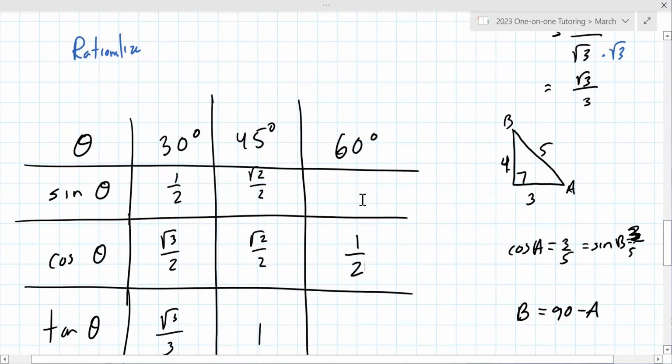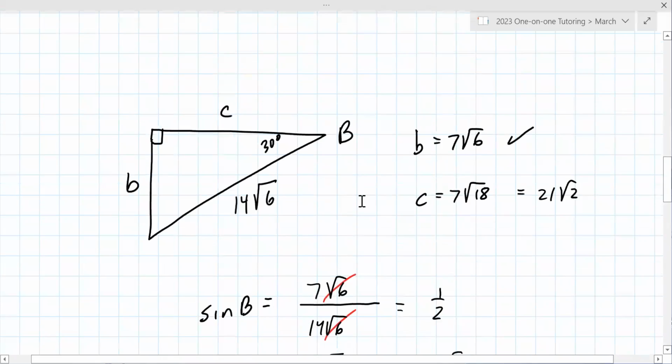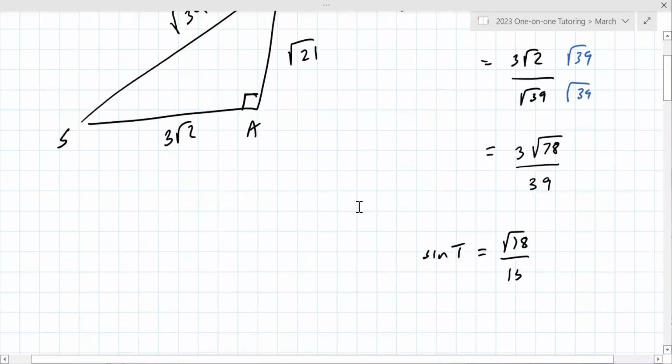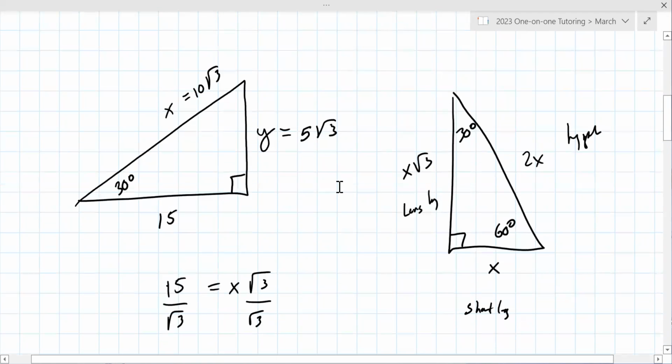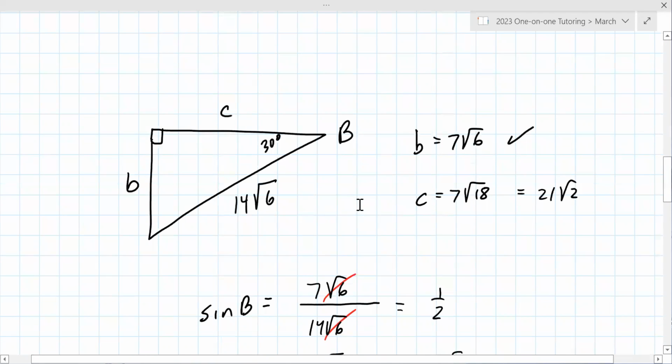Okay. Now let's go back to your triangle up here and just verify that real quick. Ooh, that was not the one we did. Sorry, I'm losing my place here. If this is 60, the sine of B is 1/2.